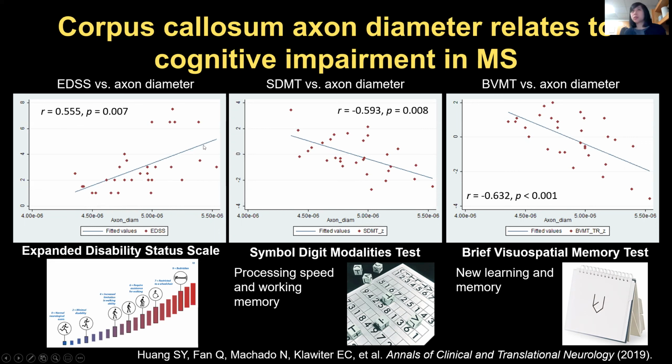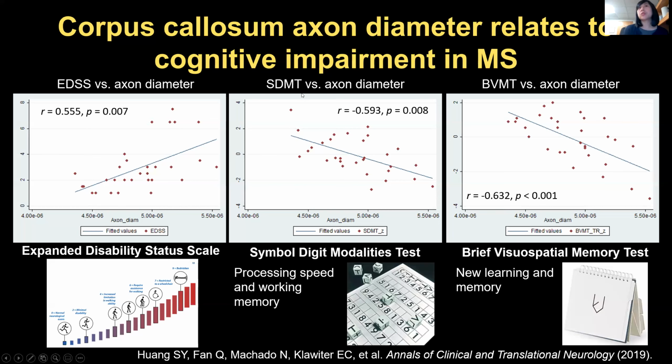Cognitive dysfunction is also a very prominent feature and manifestation of MS, particularly in the later stages, but it can occur quite early. And so in the patients who are undergoing evaluation with our Connectome protocol, we perform a cognitive battery in all of these patients to assess their cognition.